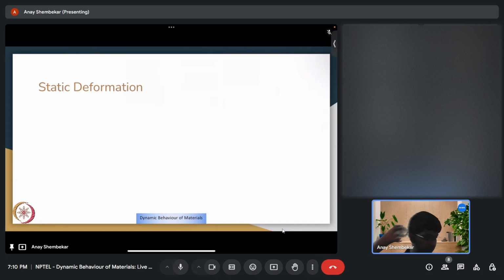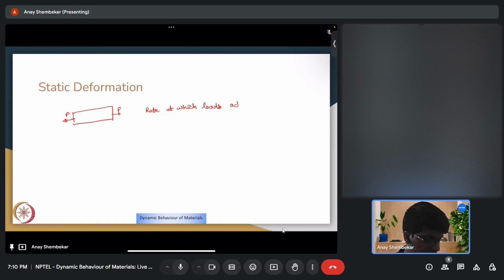At the very beginning we recapped what static deformation basically is. If you recall, suppose I have a beam like this and I am applying a force F on both ends. The beam is already in static equilibrium, but if the rate at which the loading acts is very low, then you basically have a condition of quasi-static deformation.